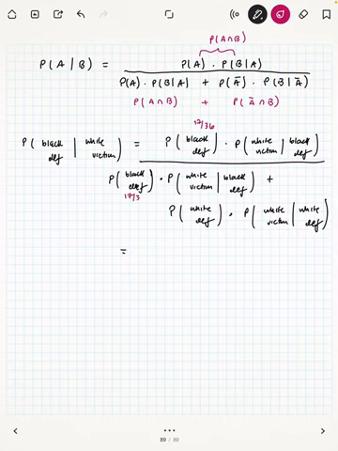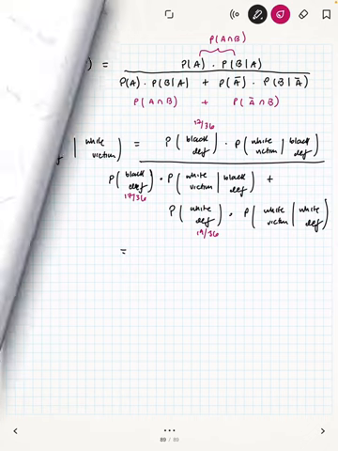Now we need the probability of a white victim given a black defendant or given a white defendant. Those probabilities are from the second branch, and we're looking at just the branches with white victims.